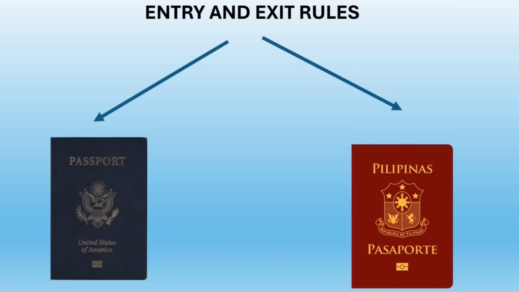When you are entering the Philippines, you can show them both passports. If you are exiting the Philippines, you can show them both passports as well. If you are a Filipino citizen, you can stay indefinitely in the Philippines. But if you only showed a US passport, there is a possibility that they will only give you a 30 days visa-free stay in the Philippines.